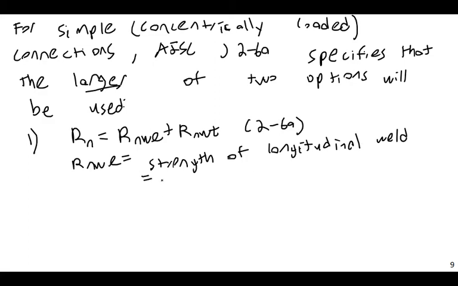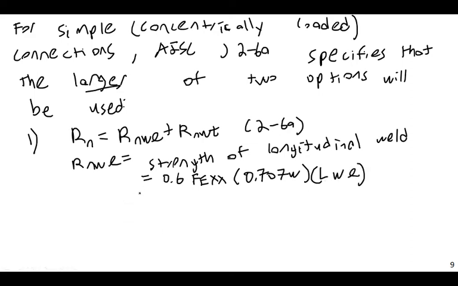And this is going to be equal to 0.6 times FEXX. Again, that's the strength of the material. That's RnWL, as you can see on page 16.1-124. So 0.6 FEXX times 0.707W times L, basically times the length of the weld, LWL.